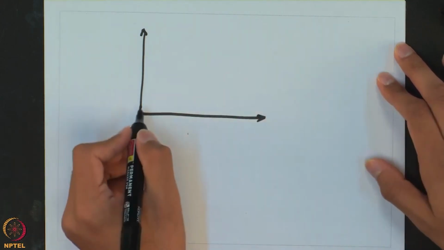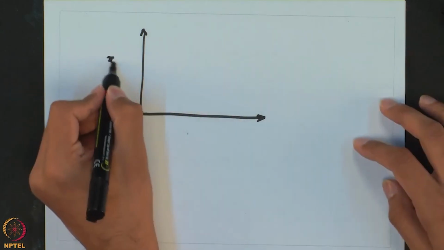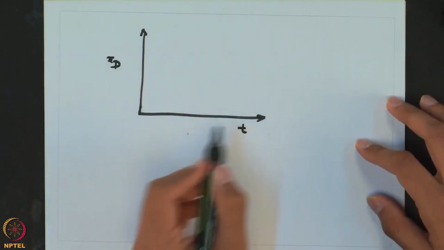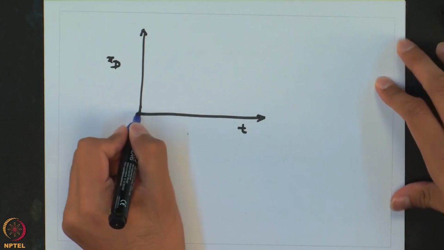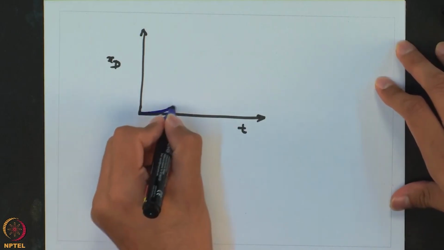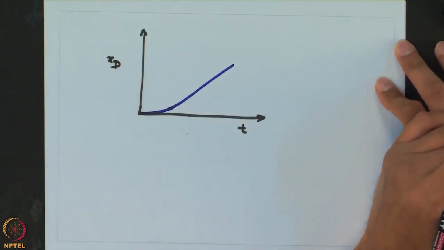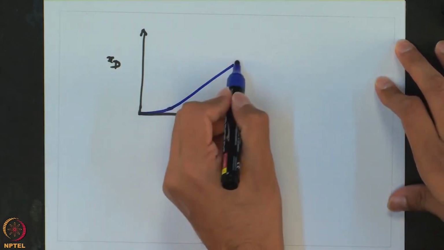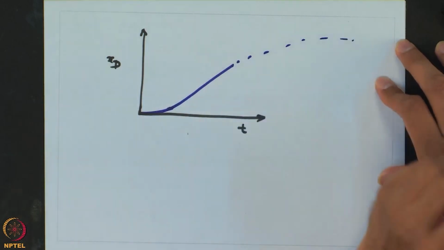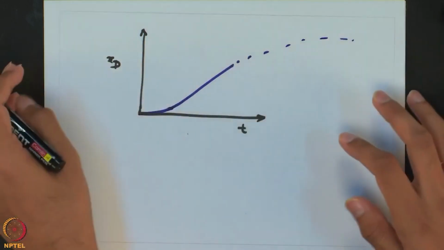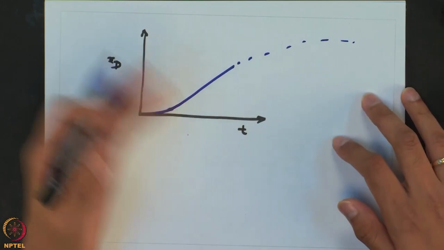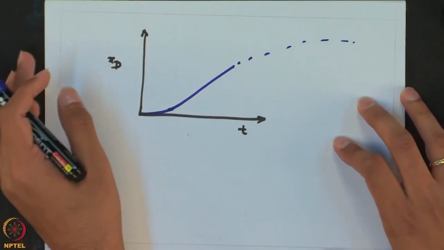So the response, if I say xd versus time, would typically be so slow that it will take a long time of step testing to reach the final steady state. In that case, most of the time these models would be used to make initial predictions about how the system responds.